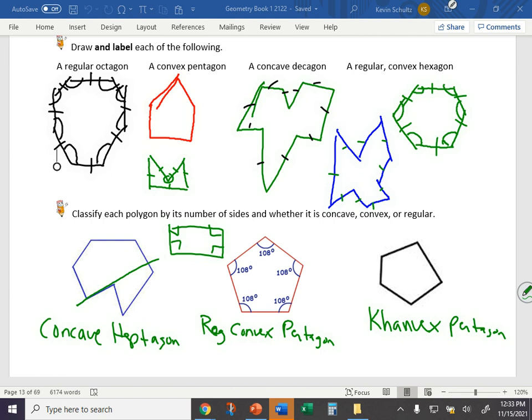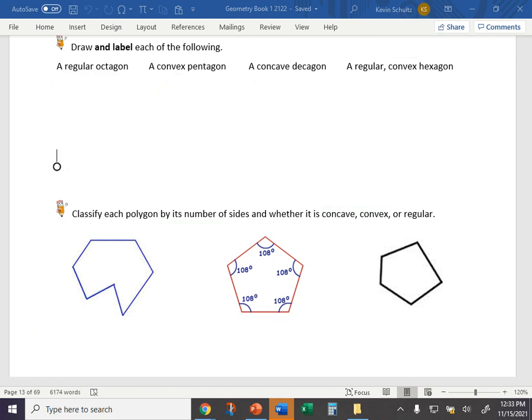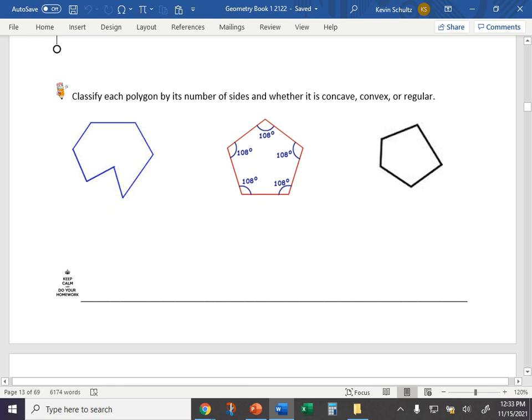On page 45. Actually, no homework? Let's go quiz tomorrow instead.